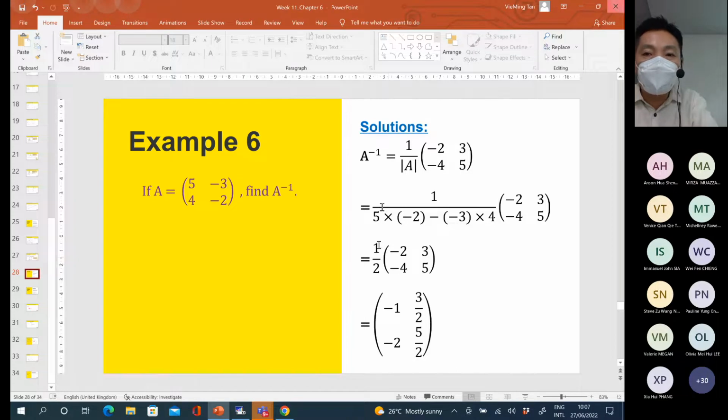Then lastly, we need to use 1 over 2 multiply with all the elements in this matrix. So 1 over 2 multiply negative 2 gives negative 1. Then 1 over 2 multiply with 3 gives positive 3 over 2. Then 1 over 2 multiply negative 4 gives negative 2. Then lastly, 1 over 2 multiply with 5 gives 5 over 2.